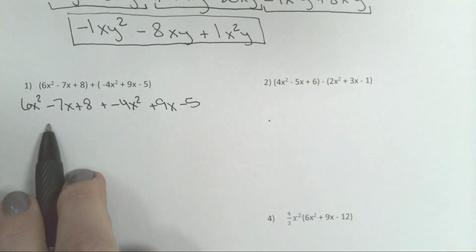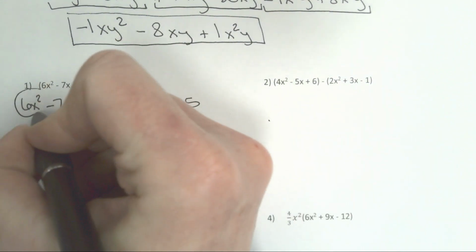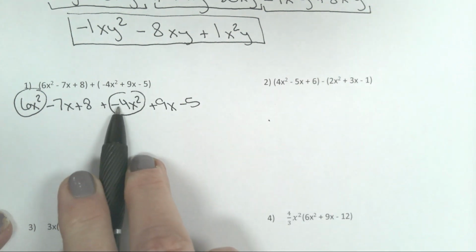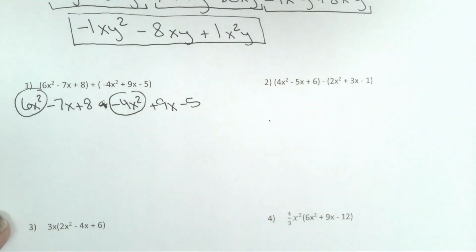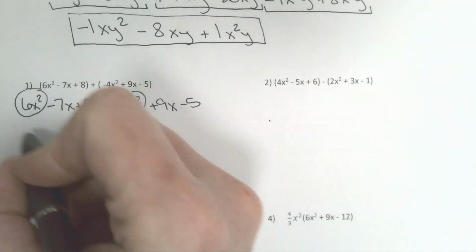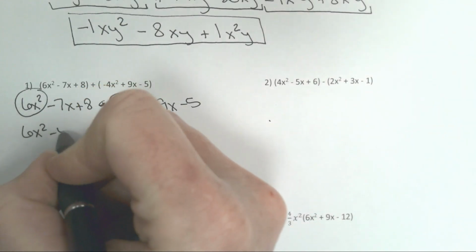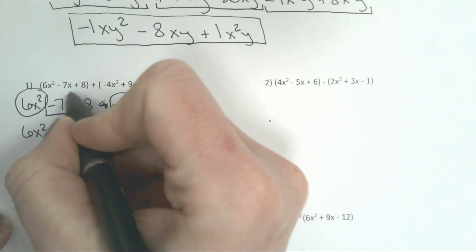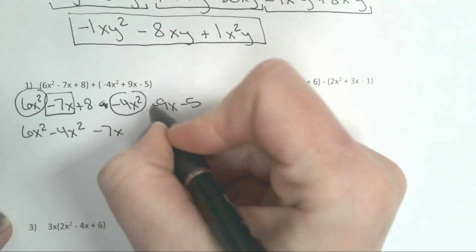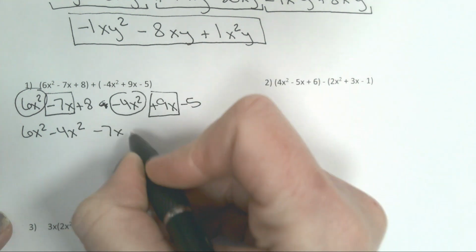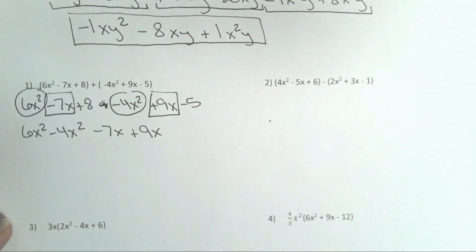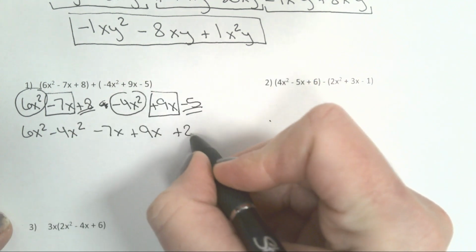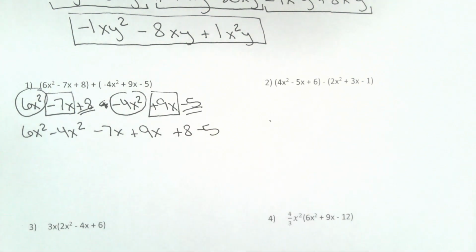When there is one variable, you do need to make sure that you're putting it in standard form. I have a plus minus here. The negative sign dominates. So I have a 6x squared minus 4x squared. Those are like terms. I have negative 7x, and it is like the plus 9x. And then finally, my constant terms are like, I'm going to add 8 and subtract 5.